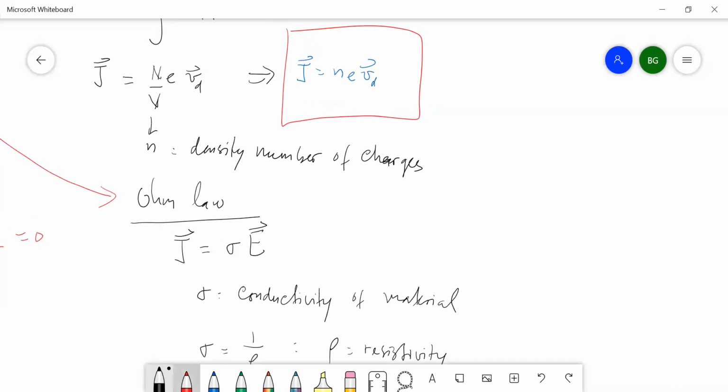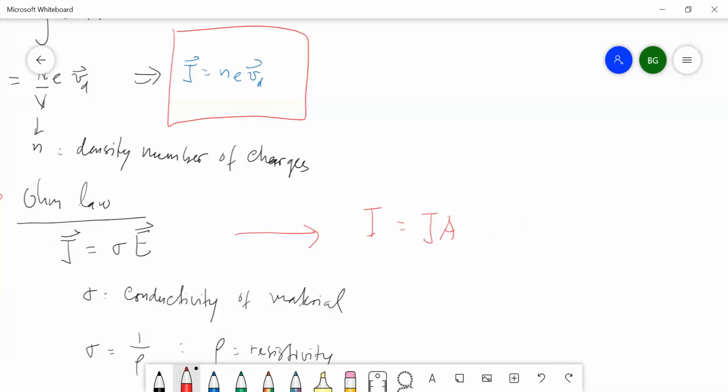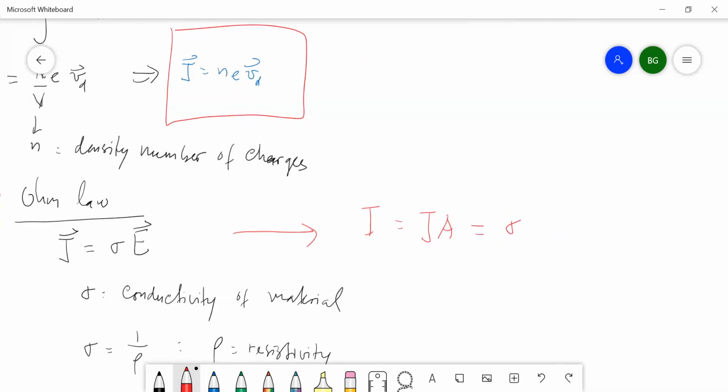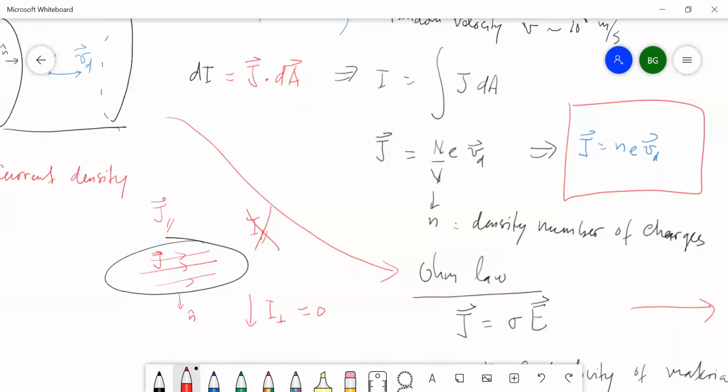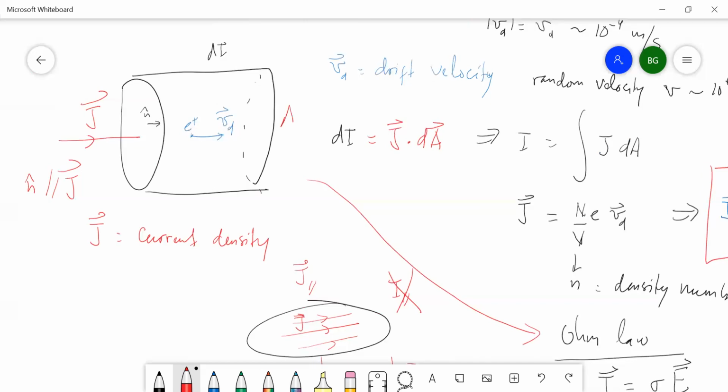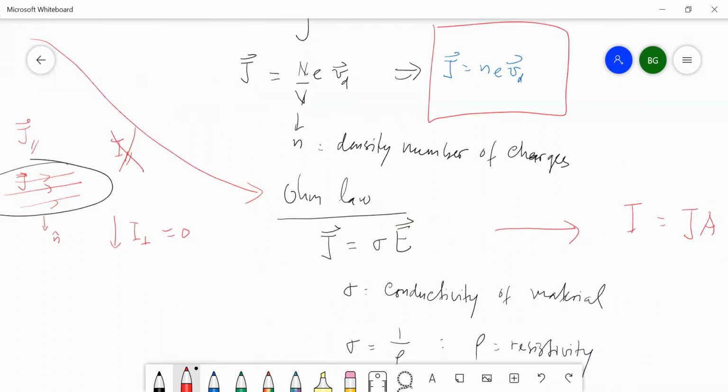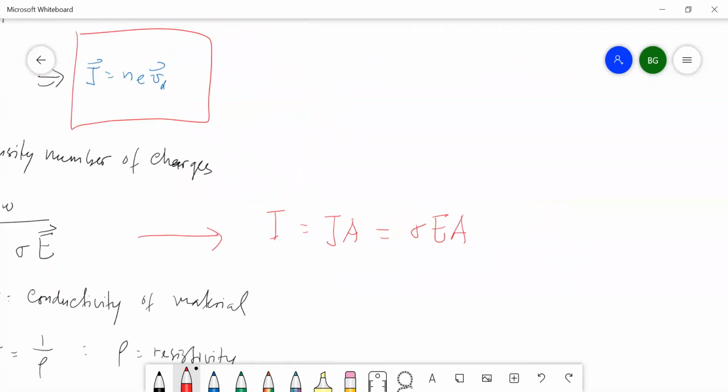So if this is the case, then I equals J times A, and this is equal to sigma E times A. So if we have, for example, this is A, and for example, this is d, this E here is delta V over d.